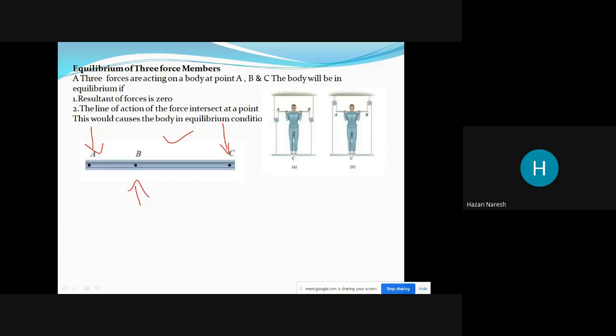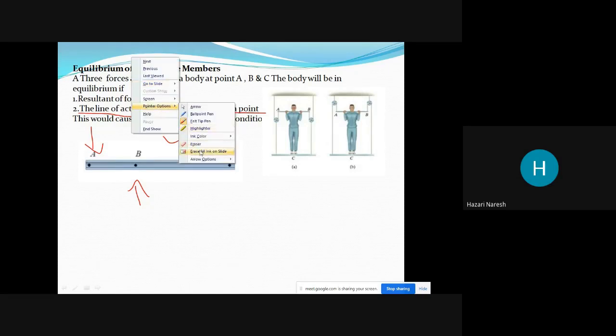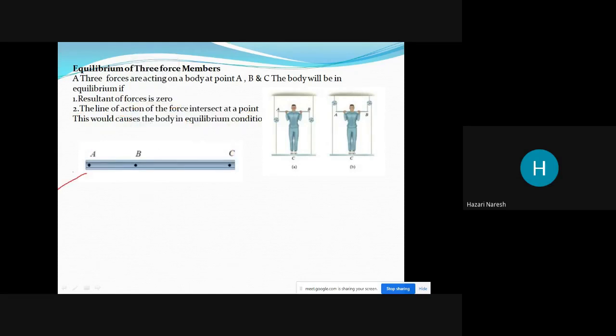Now the second condition: the lines of action of the forces intersect at a point. So what does it mean that the lines of force intersect? Let's see. One force is acting in this direction. Now the force is passing from here in this direction. One more force is acting in this direction.